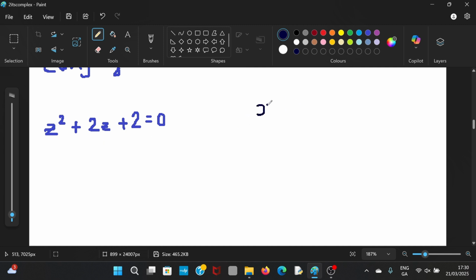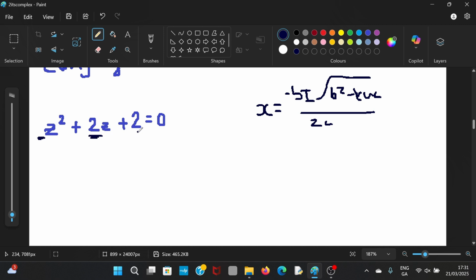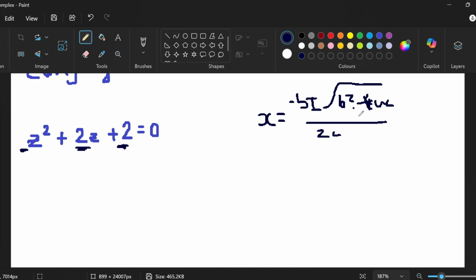Let's use the minus b formula, where x is equal to minus b plus or minus the square root of b squared minus 4ac over 2a, where a is the coefficient of x squared, b is the coefficient of x, and c is the constant. Except because we're using complex numbers, we're using z instead of x.